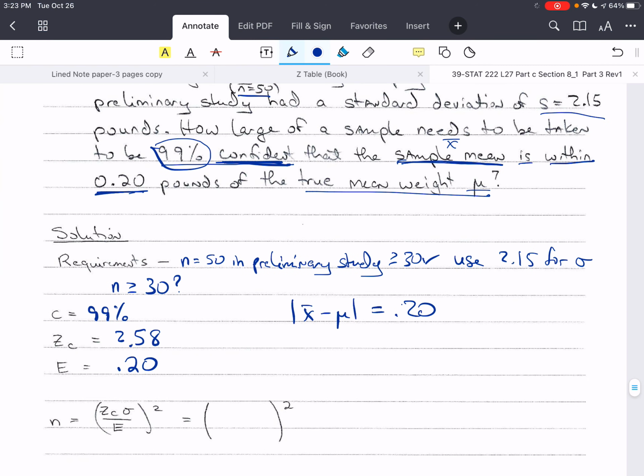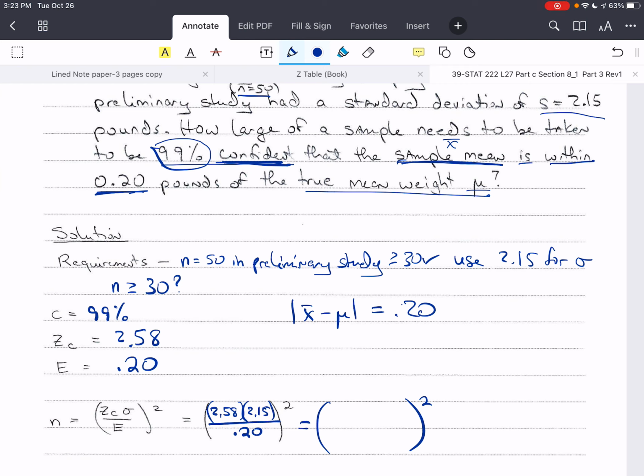So now that we have all of these values, we can plug into the formula for n. So Z sub C is 2.58, and we have sigma is 2.15, and then E is 0.20. And don't forget to square it.